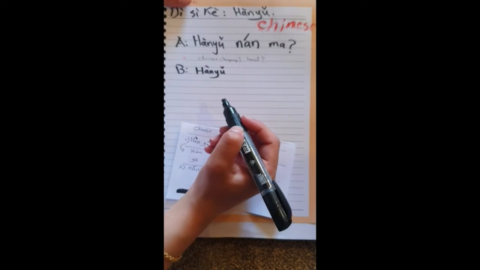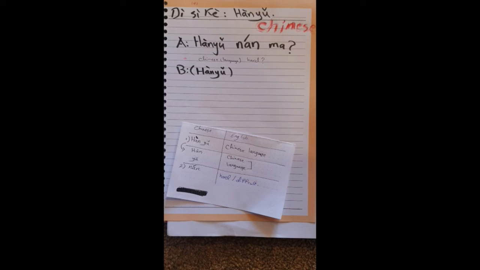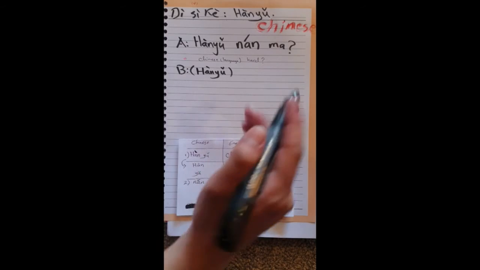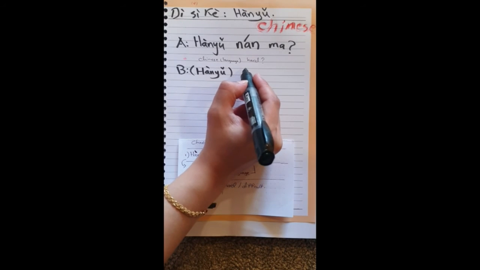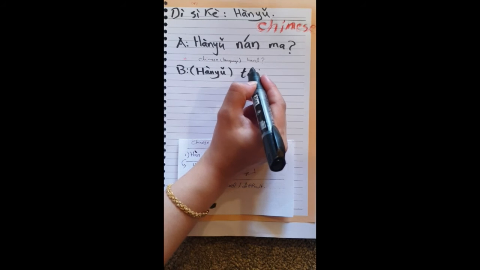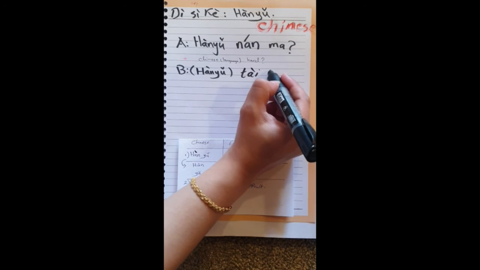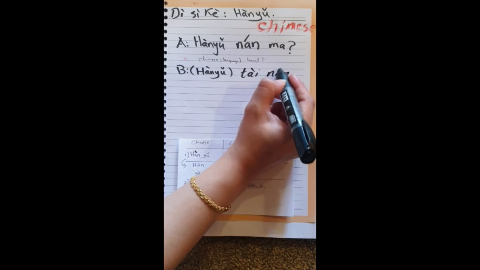So Hanyu, it's up to you to repeat it or not. It's like Wo. If you want to repeat it, that's okay. If you do not want to repeat it, also that's okay. So Hanyu. Here we have a new word, which is Tai. Nan.